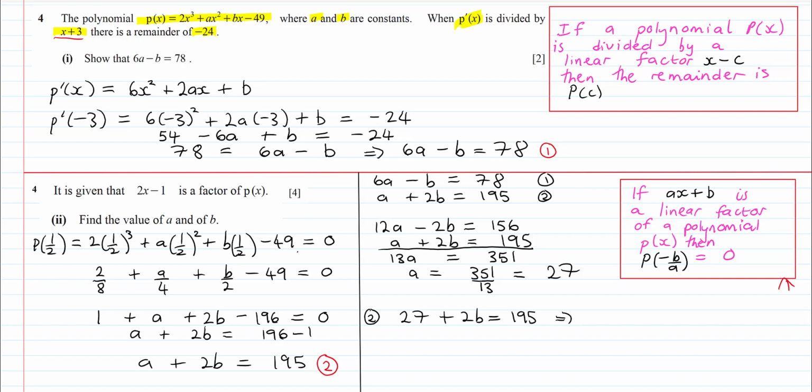So that implies then that 2b is equal to 195 minus 27, which is equal to 168. So therefore b is equal to 168 divided by 2, and that is equal to 84. So our answer then for question 4 part 2 is a is equal to 27 and b is equal to 84.